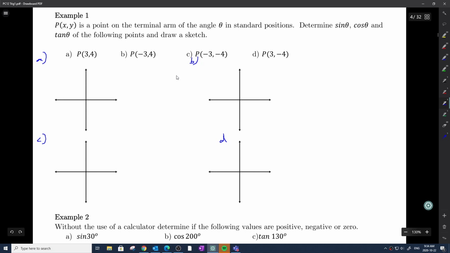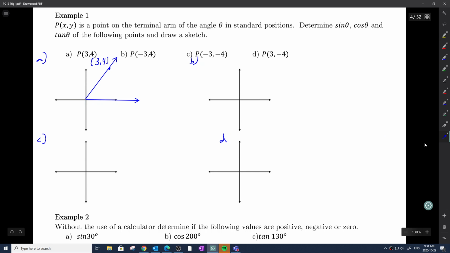So if I was to sketch this out, I know that point 2, 3 is on the terminal arm of an angle in standard position. Sorry, point 3, 4, not 2, 3. Point 3, 4 is on a terminal arm in standard position. Now, there's my initial arm. There's my terminal arm.